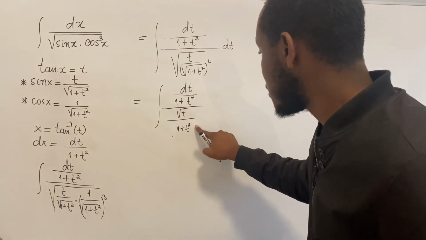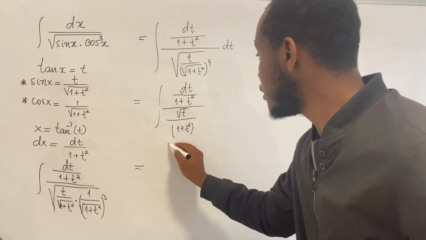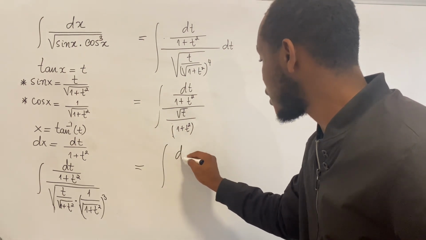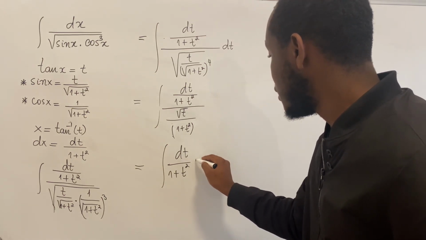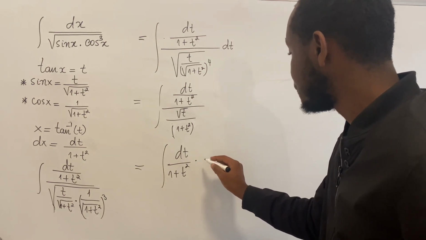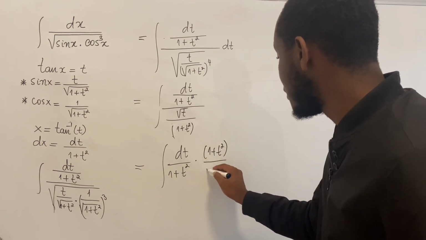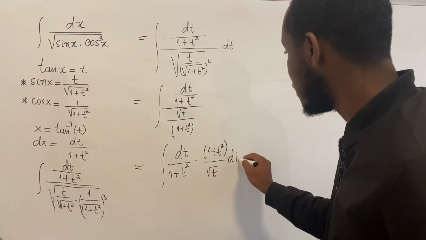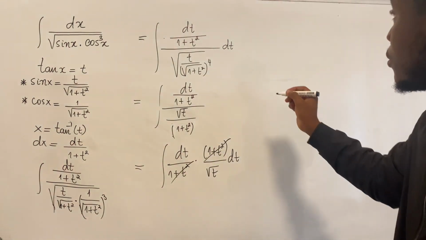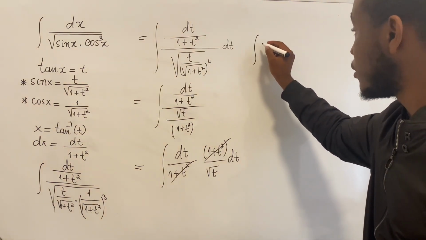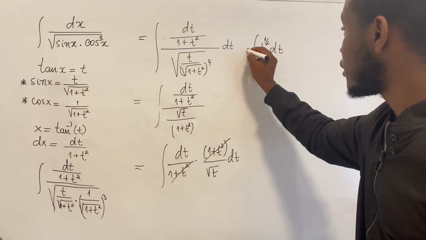Without the square root, that square root disappears as well. Now, if we multiply the first expression by the inverse of the second one, then this is dt over 1 plus t squared, and then we're going to have 1 plus t squared over the square root of t dt. And then we can simply simplify it. Then we have the integral of t to the power minus 1 over 2 dt.